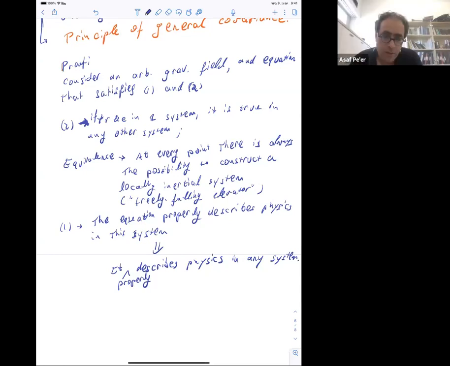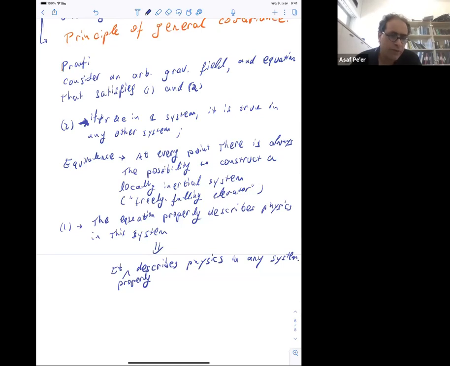Okay. There is something deep here, really, much deeper than that. The deep thing here is that we want an equation to describe the physics regardless of the coordinates, right? Because the coordinate is something that we put in. Remember, I think we discussed that at the beginning of the course. The coordinate is something that every observer puts in for themselves, and the physics doesn't care and should not care about the choice of coordinates.